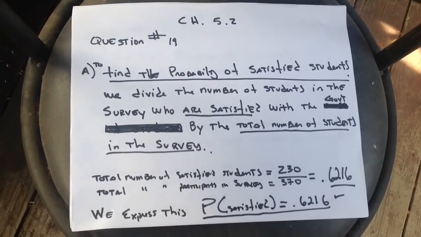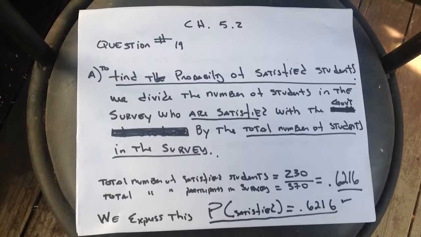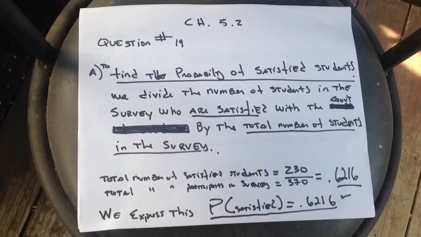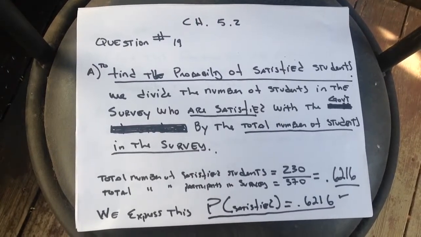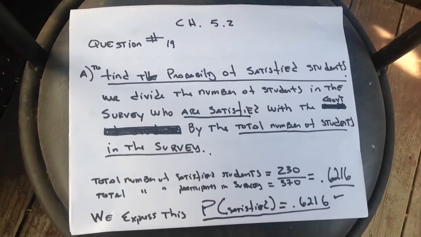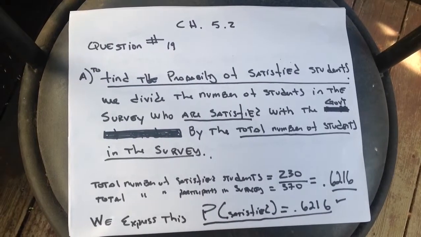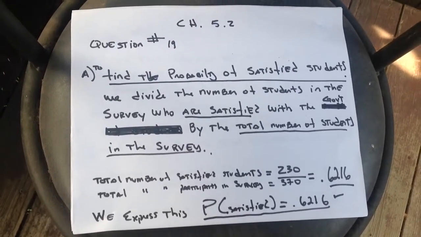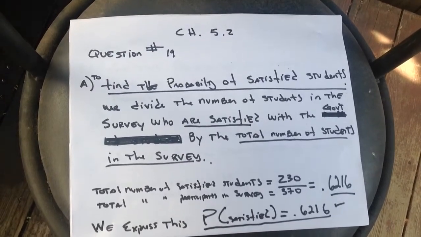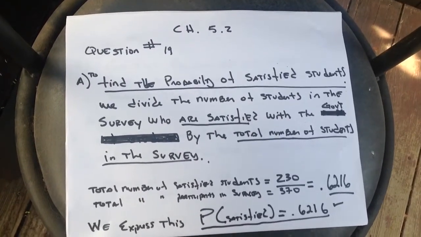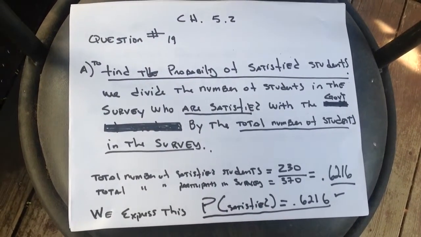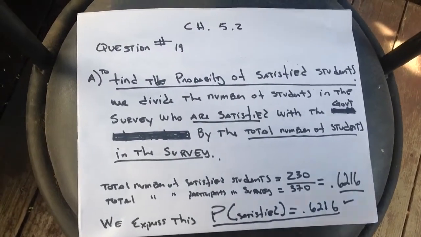I expressed that as P(satisfied) equals 0.6216, and I solved it by getting the total number of satisfied, which was 230, and the sample size of 370, and I divided that, and that's how I ended up at 0.6217. As always, be careful when rounding, so you can make sure that you're rounding to the specific number of decimals wanted.